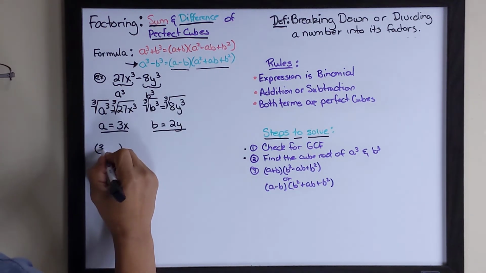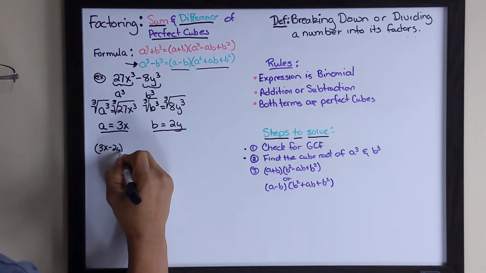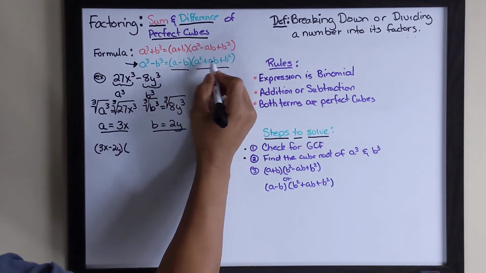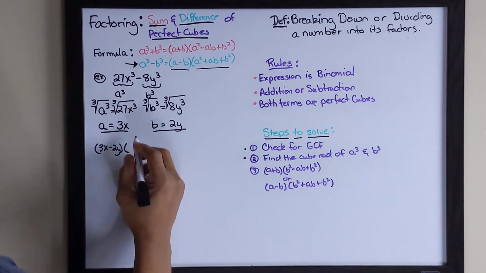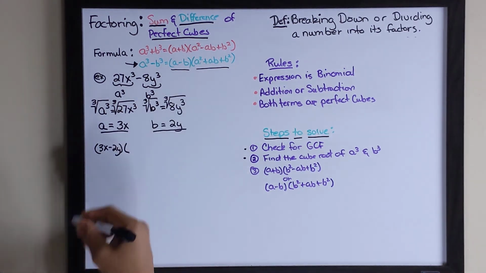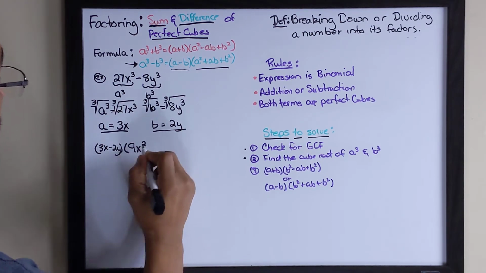So a is 3x, b is 2y. So that's what goes in our first parentheses. In our second parentheses, we need a squared here. So if a is equal to 3x, a squared is basically 3x times 3x to give us 9x squared.